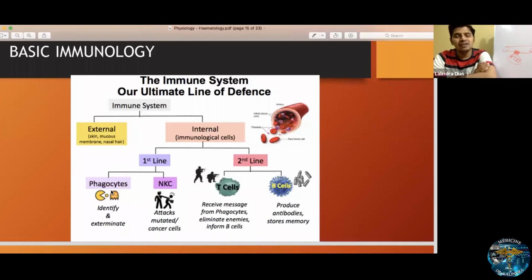So skin is one of the most important parts of the immune system. Then you also have the mucous membrane. Inside our nose, mouth, everywhere we have mucous membranes. They secrete various substances which can kill bacteria, viruses, and fungus. So skin and mucous membranes.